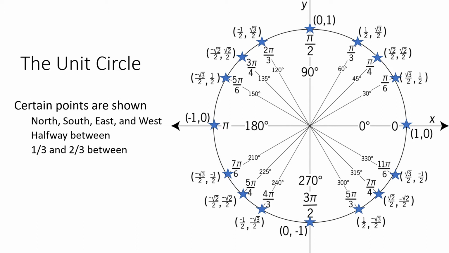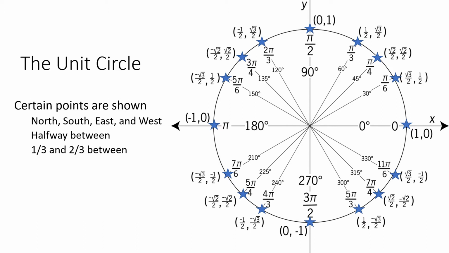Those points are labeled, and then also the points that are 1/3 and 2/3 between these two sides. So that's this point here, square root of 3 over 2, 1/2, and 1/2, square root of 3 over 2. Those are the 1/3 and 2/3 of the way from the x-axis to the y-axis, I guess.